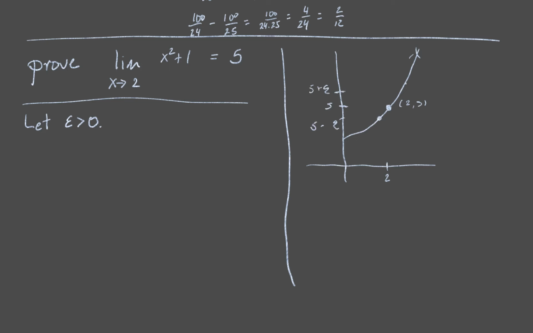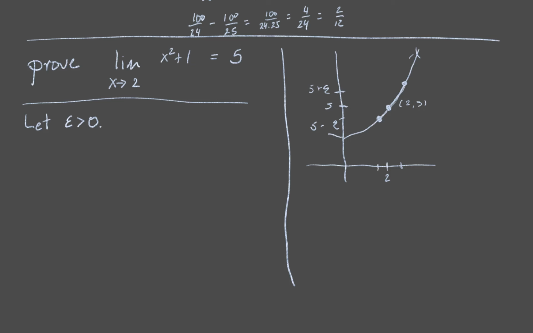And then I want to find what these boxes look like. Because we know what the x squared curve looks like, it's not as steep on the left, it is steeper on the right. So which of these is going to be closer to 2? Well, it might be hard to tell.